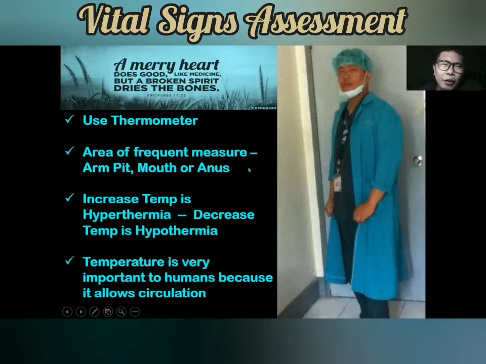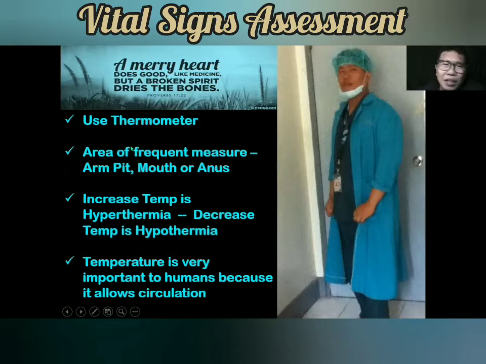So areas of frequent measure, usually in the hospital, it's the armpit, the mouth, or the anus. However, today, we don't use the mouth because of the viral pandemic. We don't use the anus because we don't want to expose the person. So we are using the armpit. However, science would like to tell us that mouth and anus results are far more accurate than the armpit. However, the armpit is not really that inaccurate.